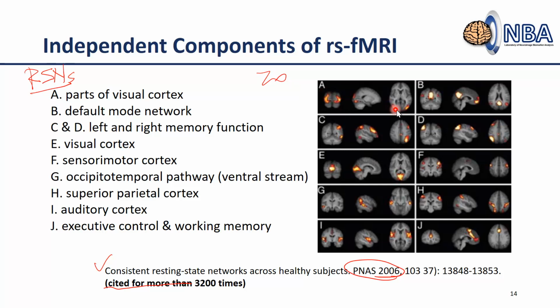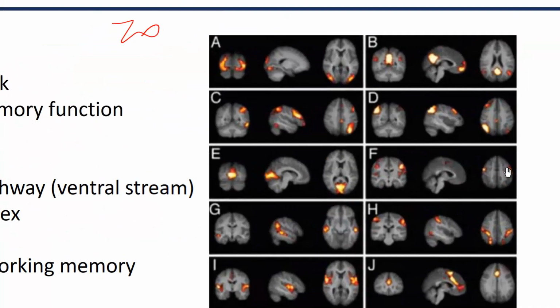For the A component, it's in the lateral part. And F is the motor cortex, the motor network. However, this motor network didn't identify any SMA region, mostly only the primary motor area. Sometimes we call this the motor network or sensorimotor cortex.